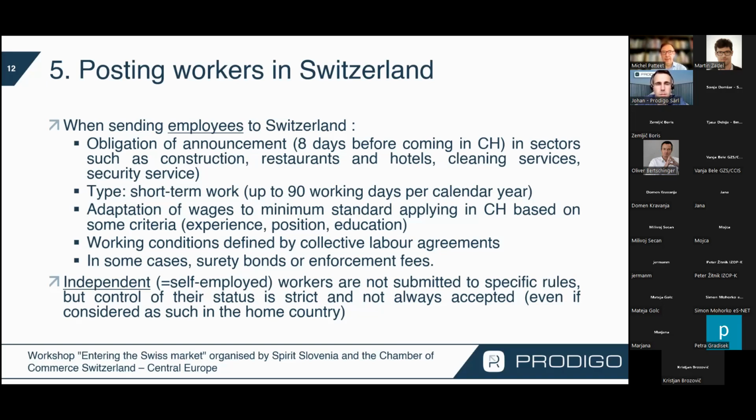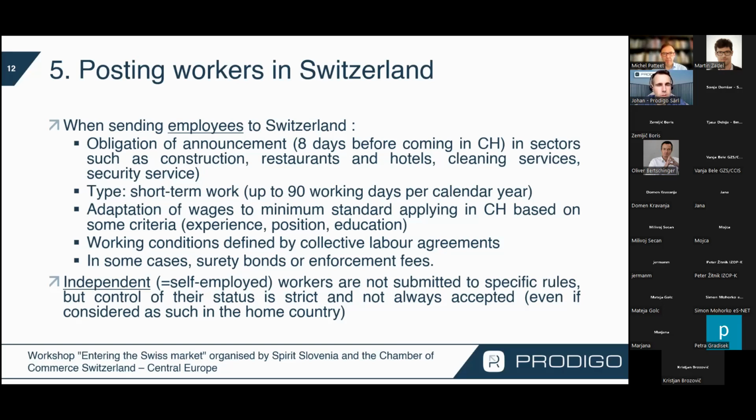Secondly, the working period is limited to 90 days per calendar year. You can do more than this time in Switzerland unless you get a special authorization, but it is very rare that you can get this special authorization. In addition, wages need to be adapted to the Swiss minimum standards, so it will depend on some criteria such as the education, the experience, and the position of the employees that are posted in Switzerland.